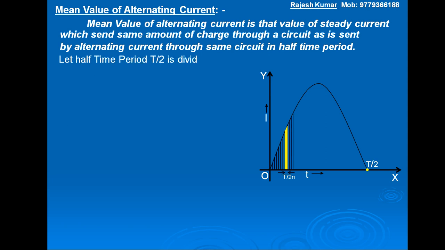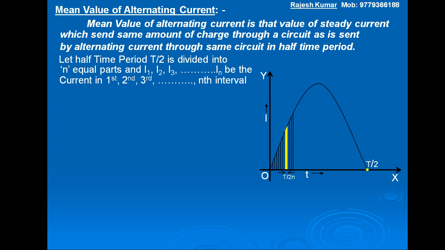Let half time period T by 2 be divided into n equal parts and I1, I2, I3 and so on, In be the magnitude of current in first, second, third and so on up to nth interval respectively.